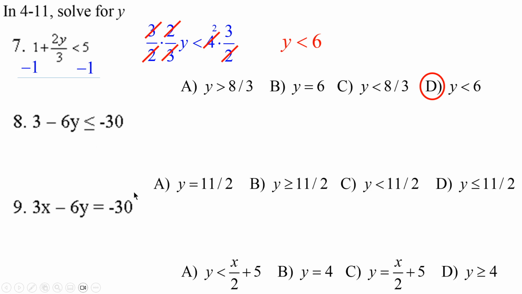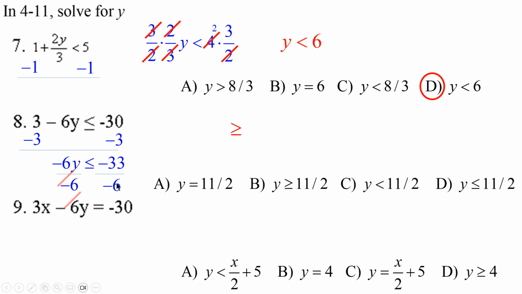Okay, so next, well, let's get rid of that 3 right there. So that does not affect the inequality. 3 minus 3 is gone, and I have negative 6 times y is less than or equal to negative 33. Now let's divide both sides by negative 6. And when I divide both sides by a negative, I've got to flip this inequality, so less than or equal to becomes greater than or equal to.